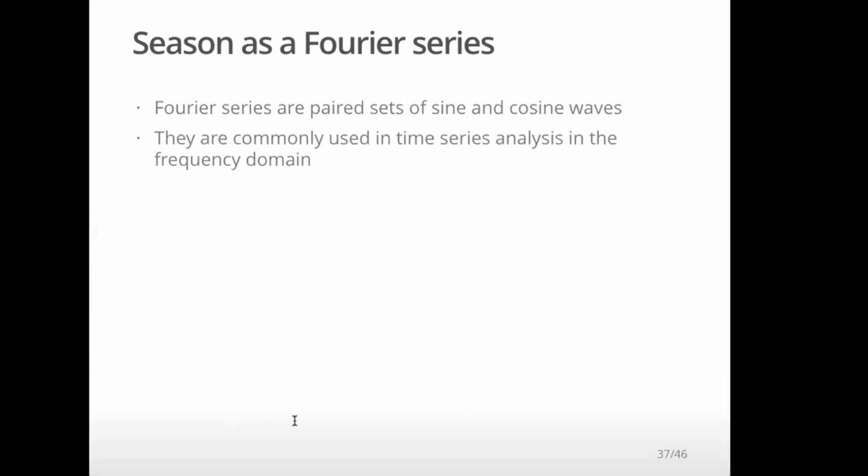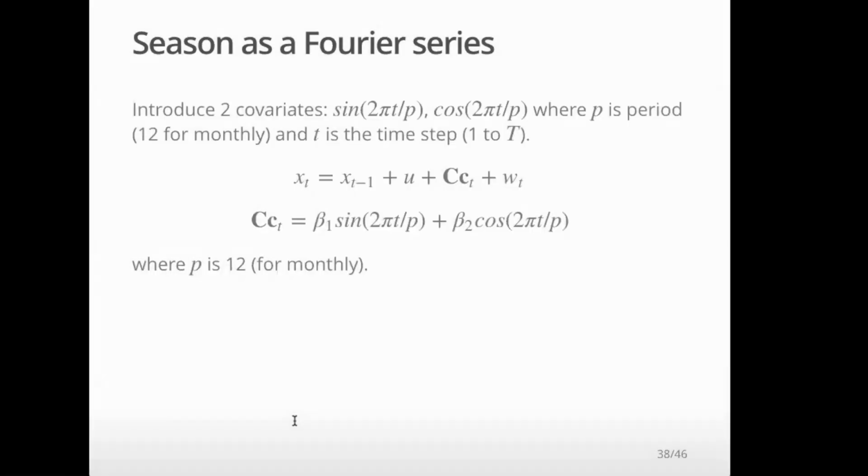And the last one I want to show you is using sines and cosines. So in this case, I introduced two covariates, and the covariates are the sine of t. T would be 1 to the number of time steps.